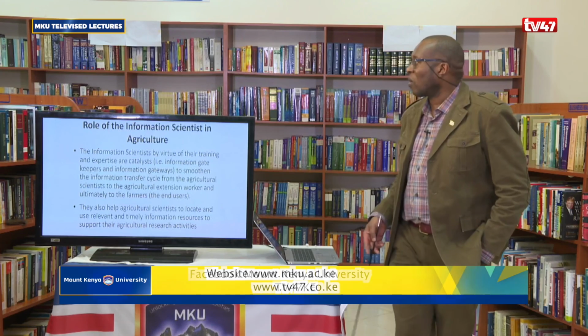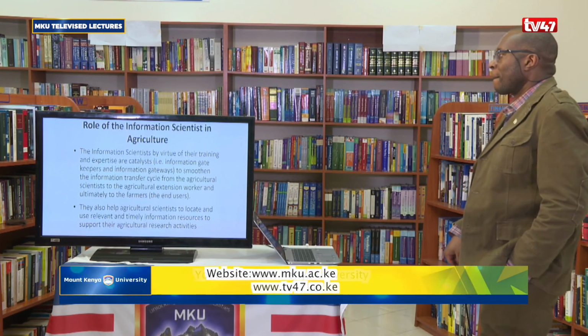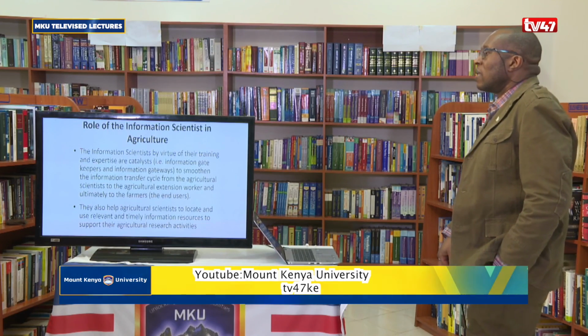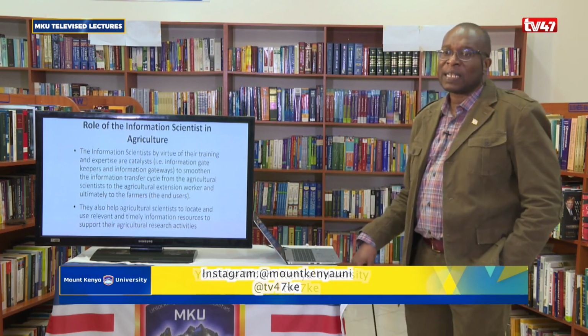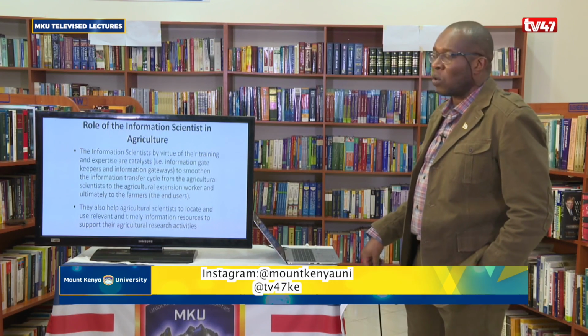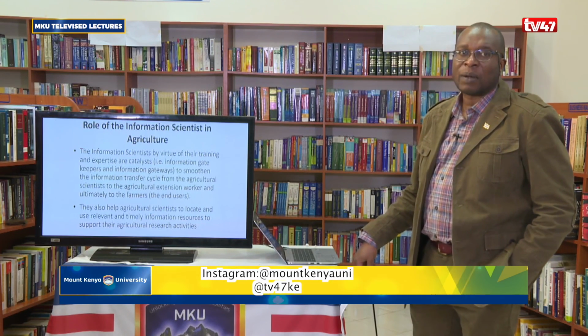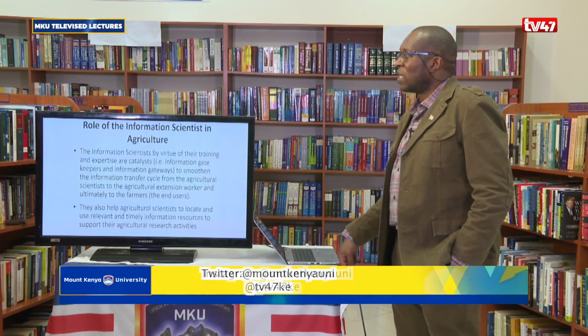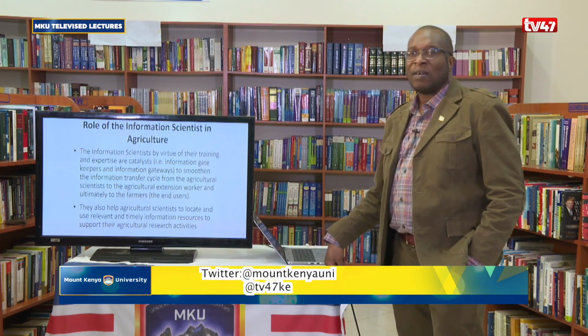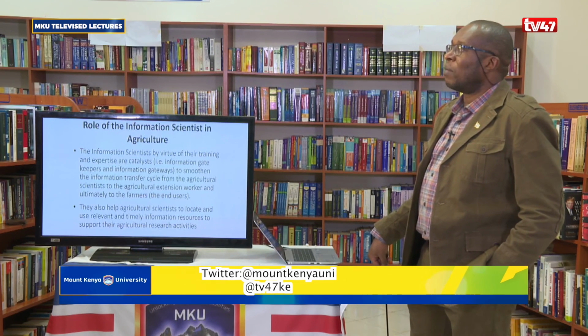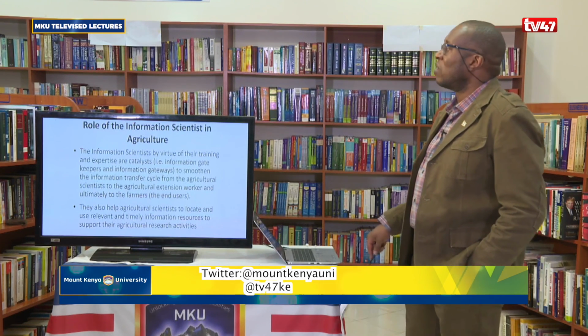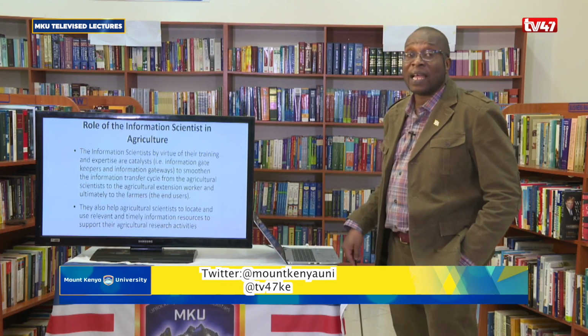Now, what is the role of information scientists in agriculture? Information scientists in agriculture play basically a supportive role. They are a support battalion, which are not seen by the end users, that is the farmers, but they are there.